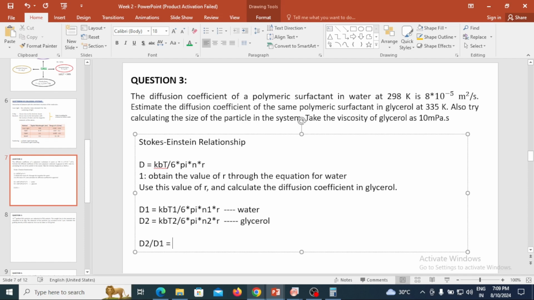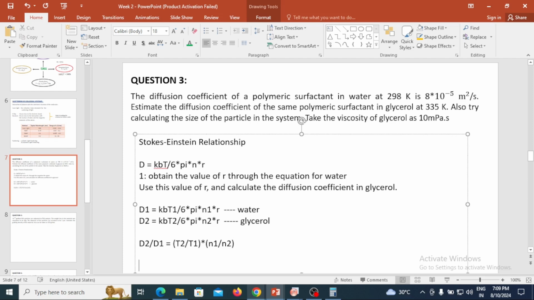will be nothing but T2 by T1 times eta 1 by eta 2. So you will be just left with these 6 variables, of which you know 5 of them, so you can calculate the 6th.